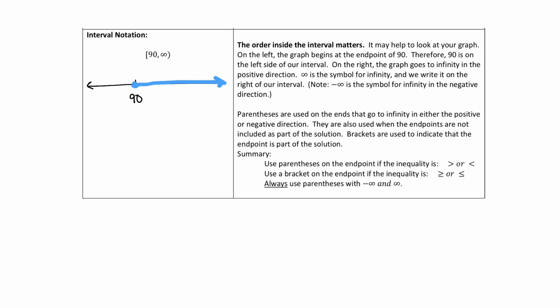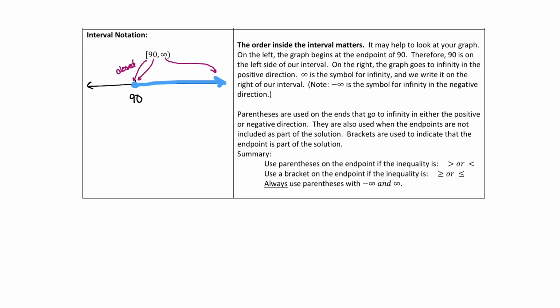How does that bracket 90 comma infinity parenthesis fit the blue line? In exactly the same order that you see it. The bracket means it's a closed circle, and the 90 is where the circle is. The infinity represents the arrow over here.